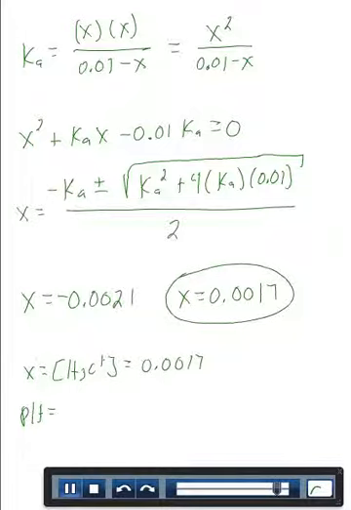So now the pH is equal to the negative log of the H3O+ concentration, which equals 2.8. So that's how we can use equilibrium to solve for the pH and the equilibrium concentrations of each species in the reaction.